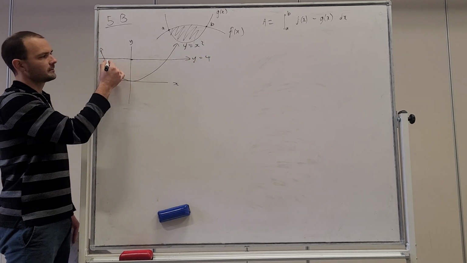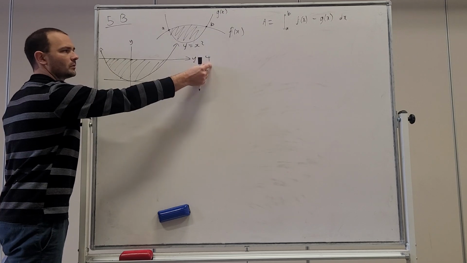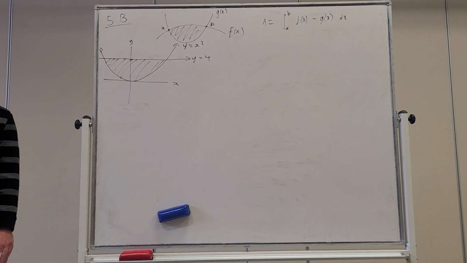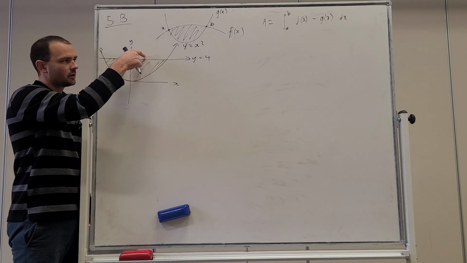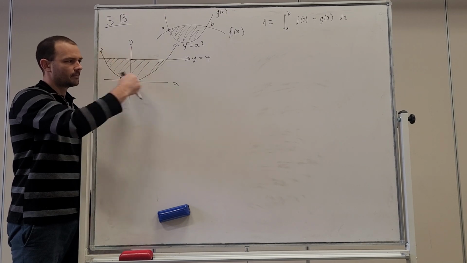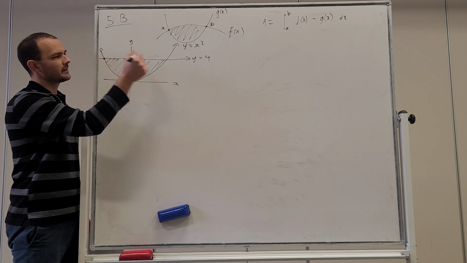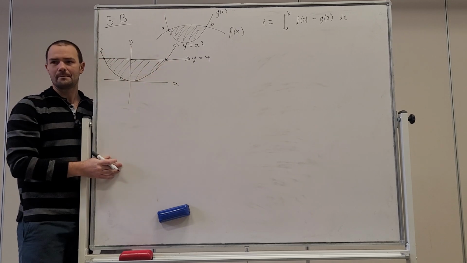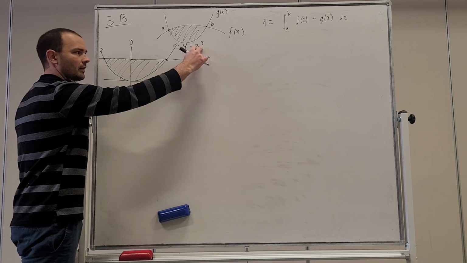And so we're asked to find this area, the area enclosed by the function y equals 4 and y equals x squared. So it's going to be the integral of the top one, take the bottom one. But first we need to determine what are these points of intersection? When do they meet? And they're going to meet when the functions equal one another, right?